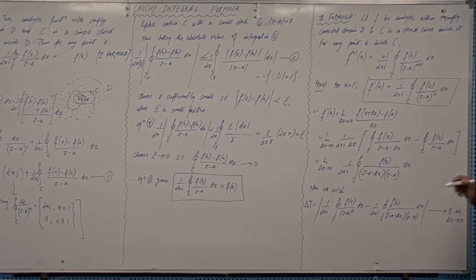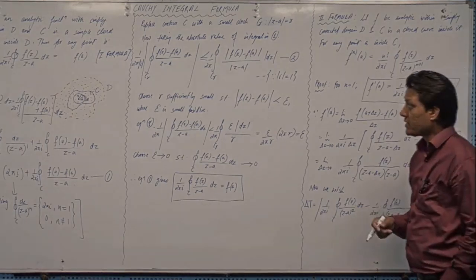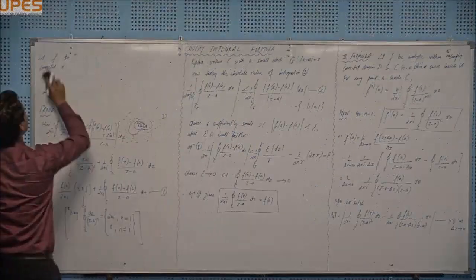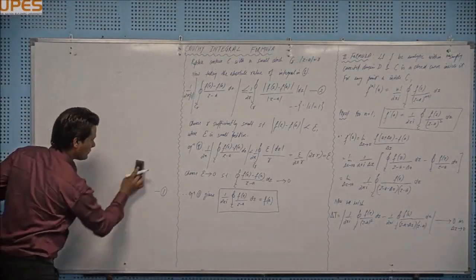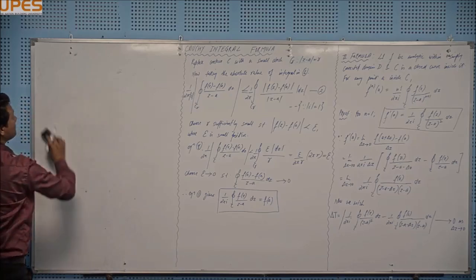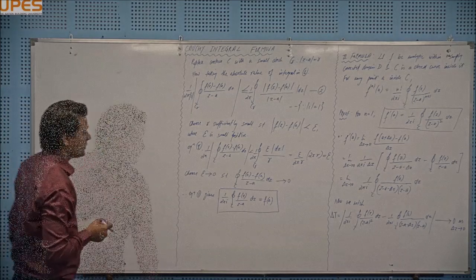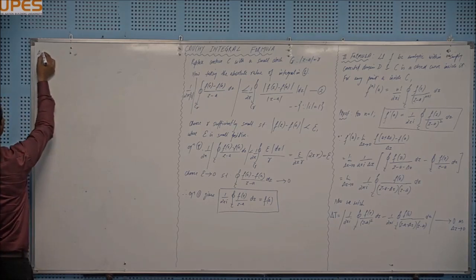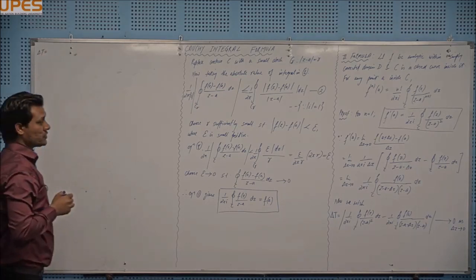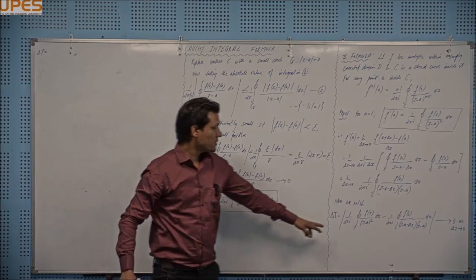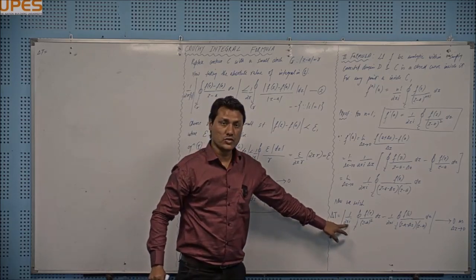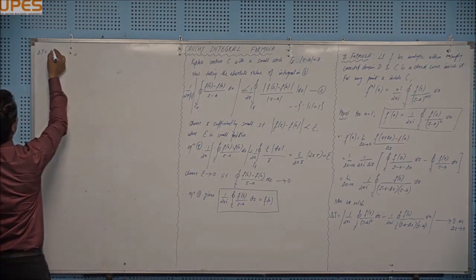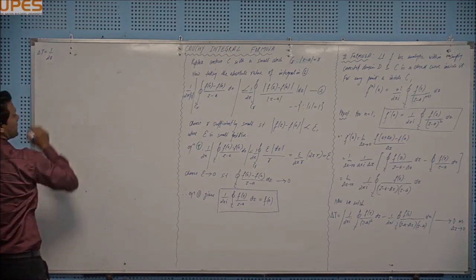Now I will do some calculation on this. Delta t is equal to 1 over 2 pi, since the modulus of 1 over 2 pi i is 1 over 2 pi, appearing outside.